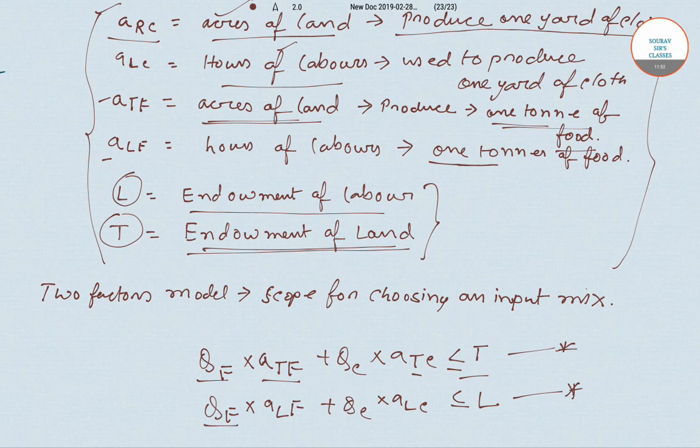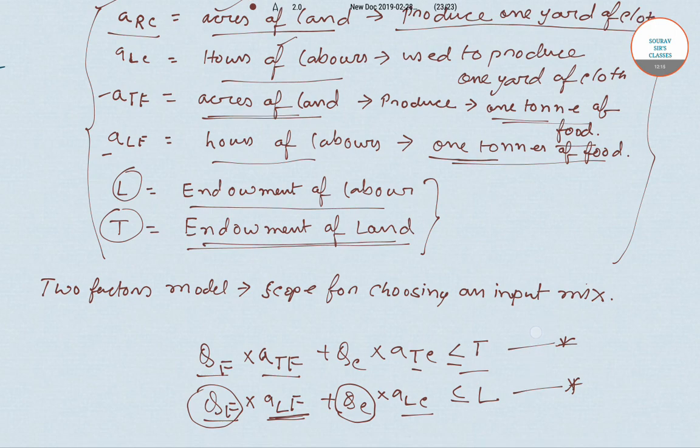And here QF into ALF, which is what? The quantity of food into the ALF, which is nothing but the hours of labor needed to produce 1 ton of food, and for production of cloth, the hours of labor to produce 1 yard of cloth, which must be less than equals to L.